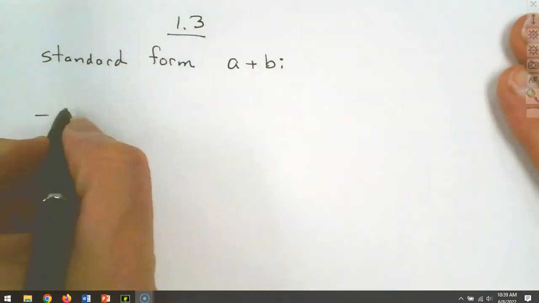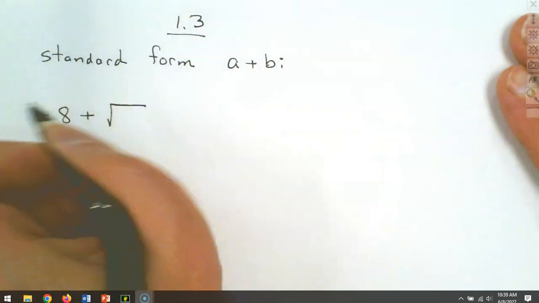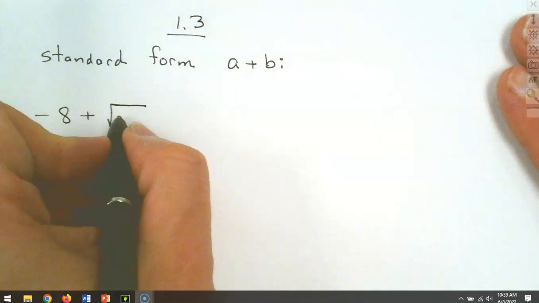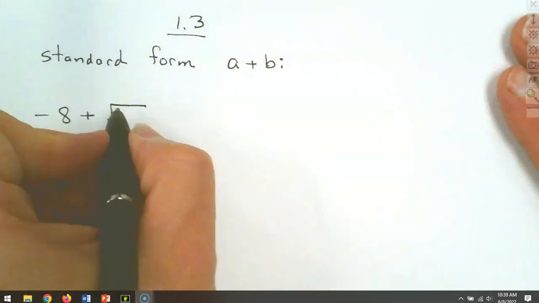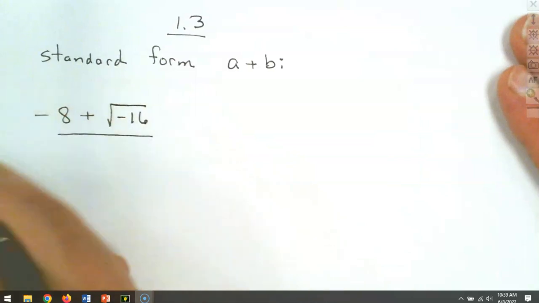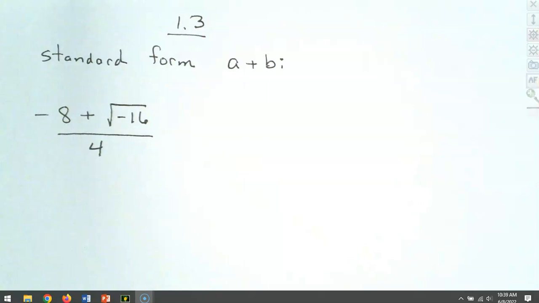So let's look at minus 8 plus the square root of, how about, minus 16 over 4. I'll make an easy one here to start with.